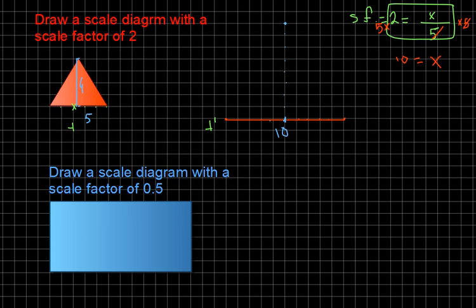And this is our point. And we can draw this is our triangle. So the scale factor, you multiply each measurement by 2 to get the scale diagram.